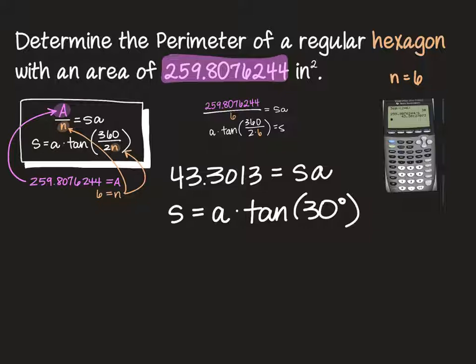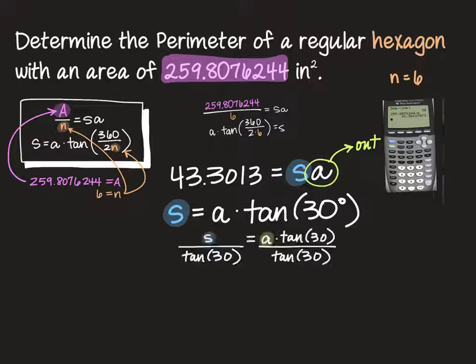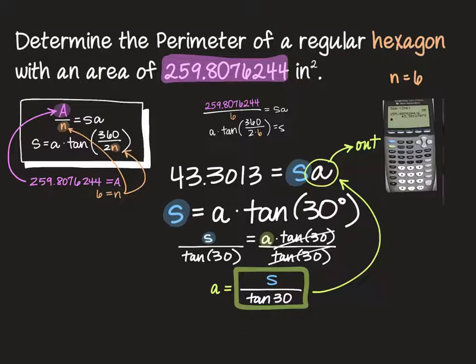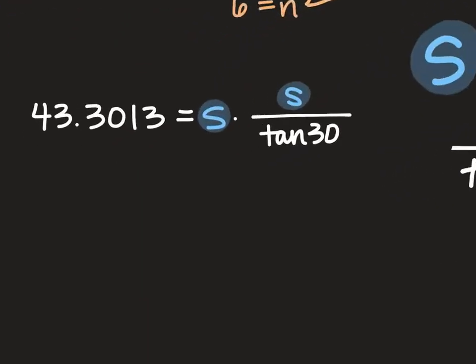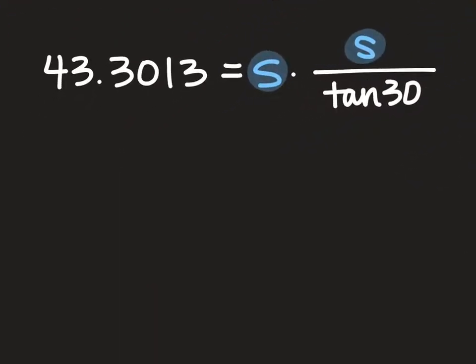Now this problem is asking us to determine the perimeter, which means that we need to solve for s. So we'll want to substitute a out of the first area equation. To do this, we will algebraically manipulate the tangent equation to isolate a so that we can substitute the equivalent expression in place of a in the other equation, which will leave us an equation with a single variable s.